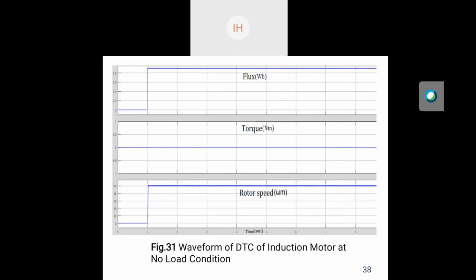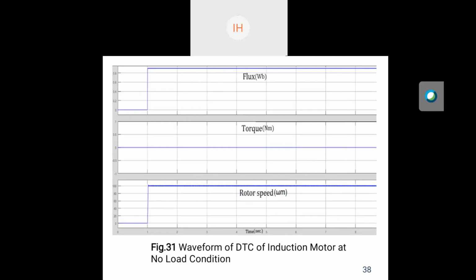While doing the simulation, we have taken the reference flux as 0.9, torque at no load condition, and rotor speed as 100. So here we got the flux value nearly equal to 0.9, which is close to the reference value, and also the torque is 0, and the rotor speed is also nearly equal to the reference value.